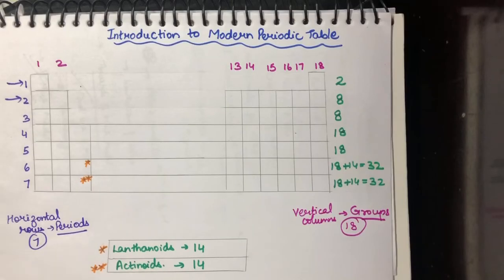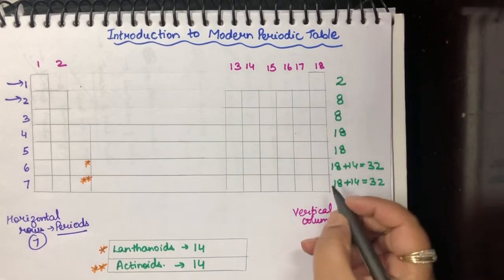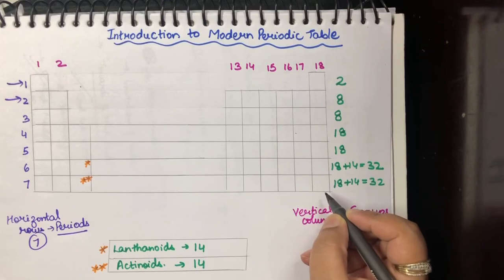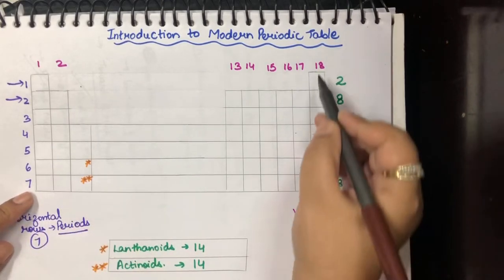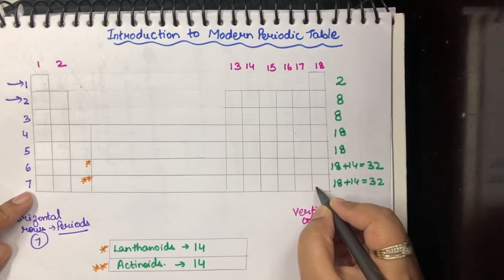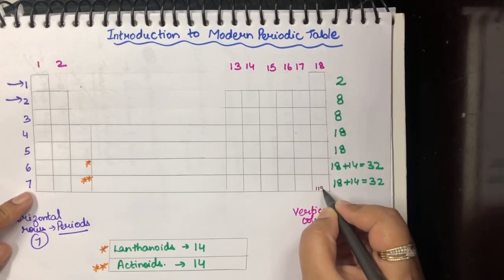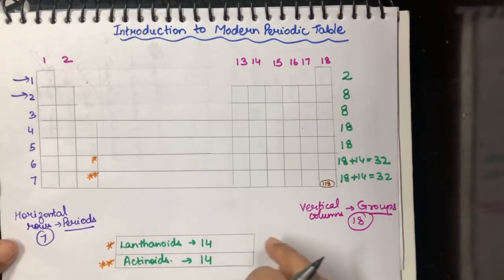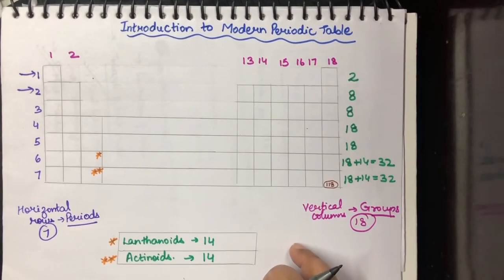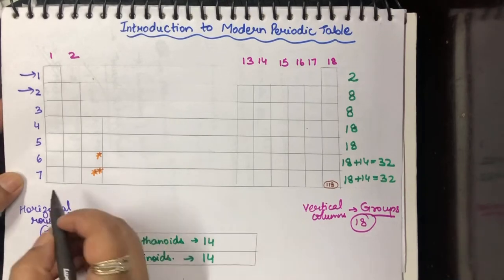As we know, the number of elements discovered till now is 118. The 118th element is located at the 7th period and 18th group. I am just writing the atomic number of the last element discovered till now. Now if I get a new element, let's say number 119, where will it land?